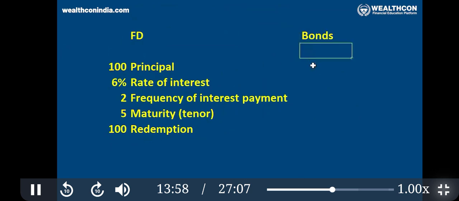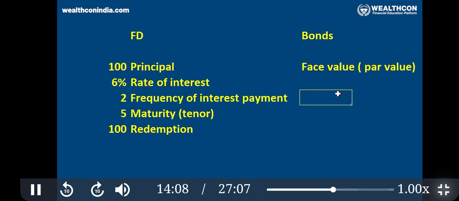In case of a bond, for the principal, they use face value or par value. What is the par value? Write down: par value is the amount which is given back or refunded at the time of maturity. The amount which will be refunded at the end of maturity is called par value or face value.